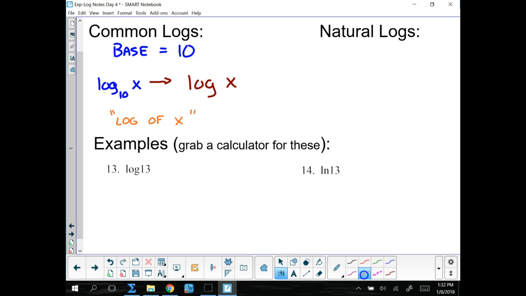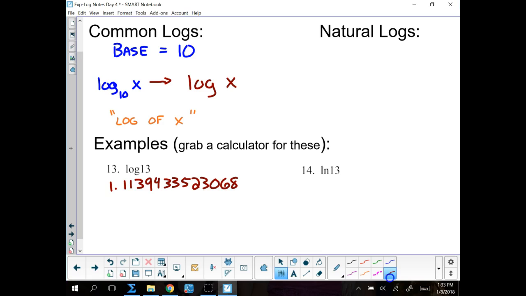So if I want to evaluate log of 13, I would get 1.13943523068. We would probably only have to go out to 3 decimal places, but that's what it is.